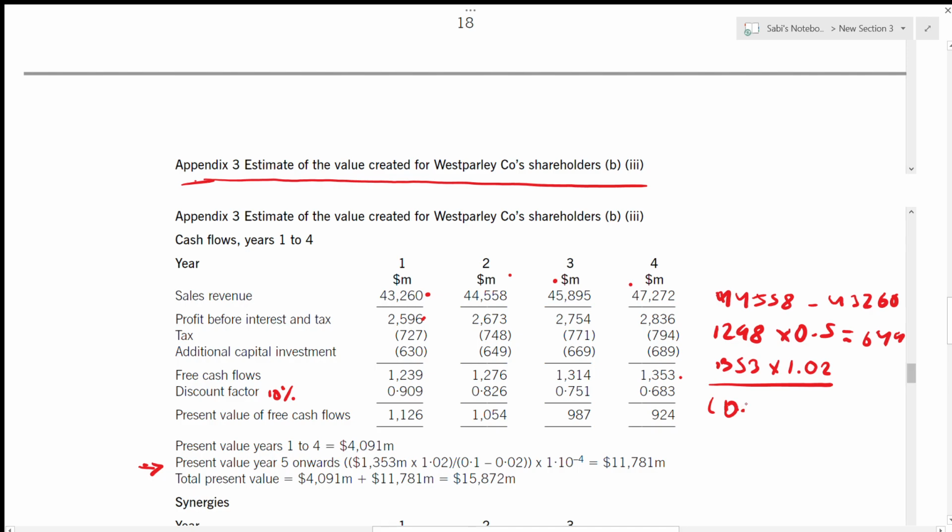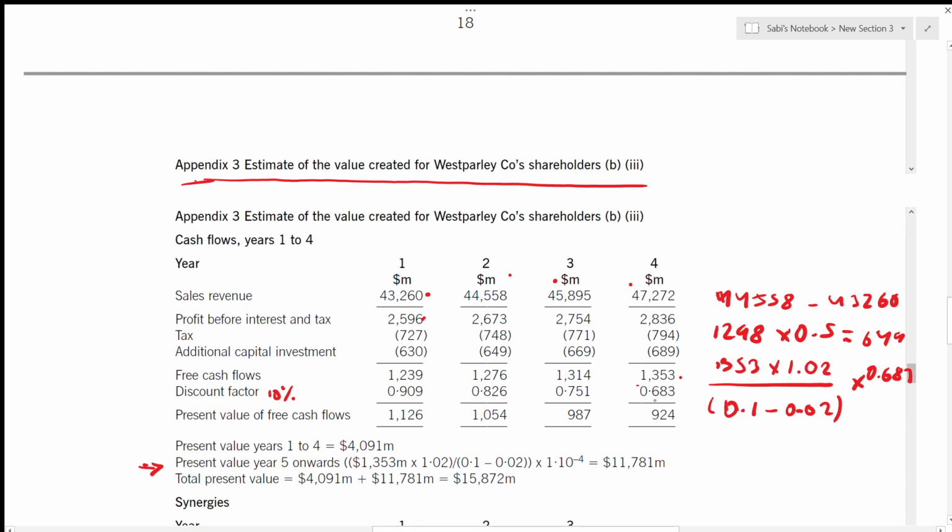So 0.1, 10%, and growth is 2%, right? This you have to multiply by 0.683. You have to find the present value, right? The fourth year, even though it's for year 5 onwards, you still have to use this year.